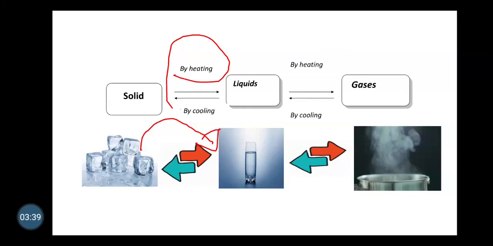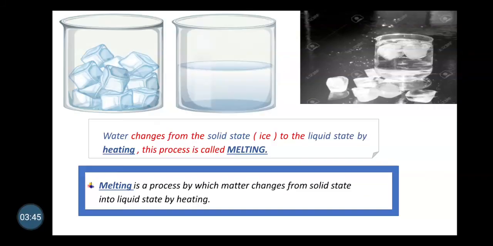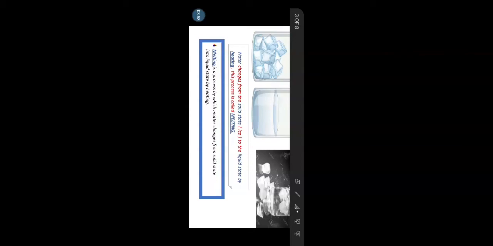Let's see each process and how it happens. At first, as I said before, we have pieces of ice and we leave them for a while. We will notice that the pieces of ice change into water, as we see in the picture.